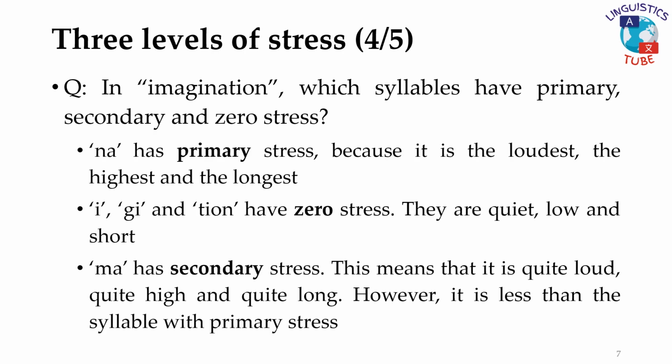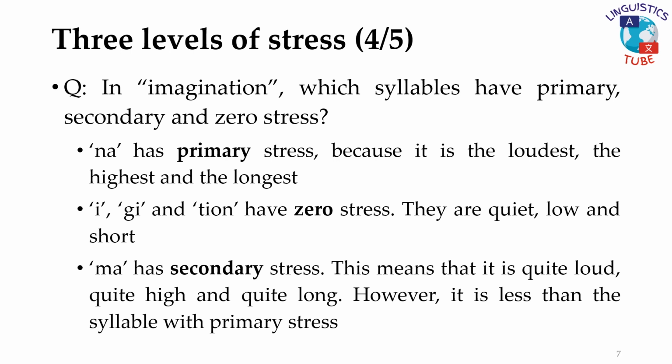Okay, I will share my answers with you. When I say imagination, ne feels like the strongest syllable. By strongest, I mean it is the loudest, the highest, and the longest. Therefore, ne has primary stress.